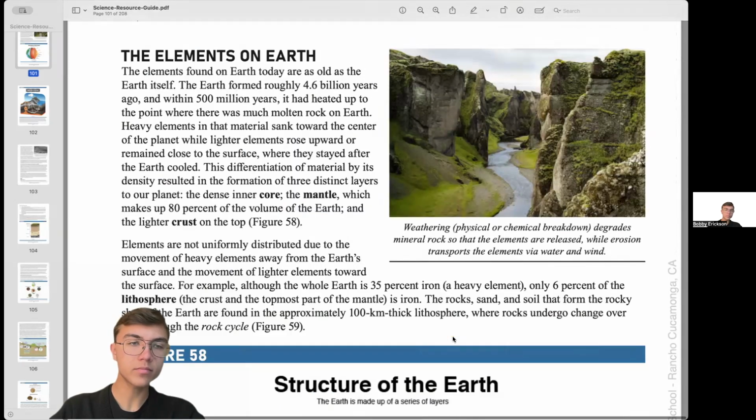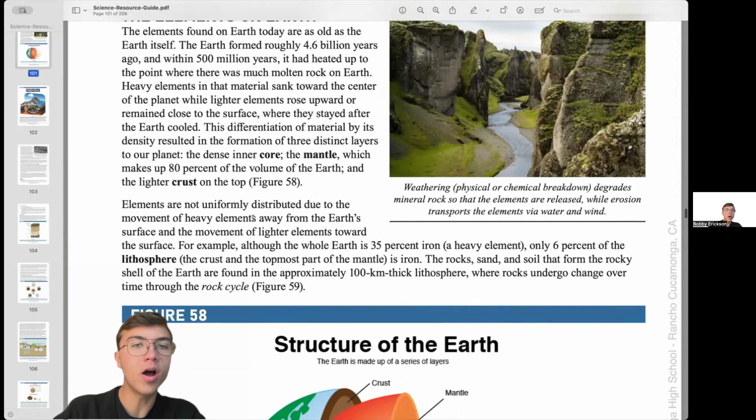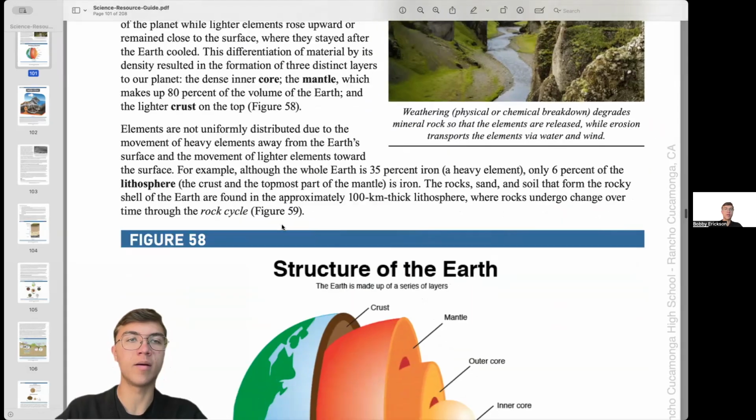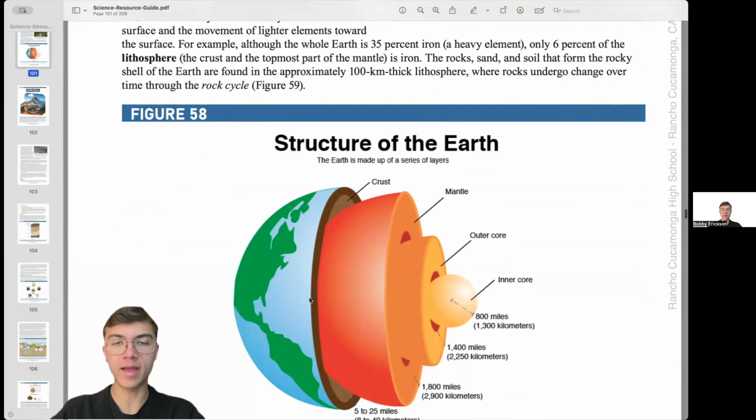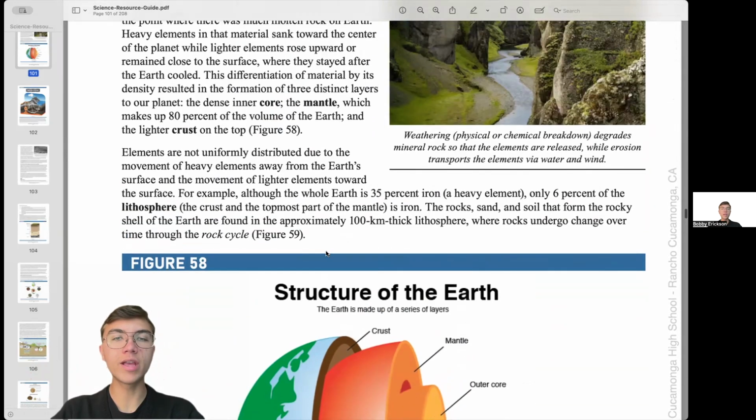And so we can see that elements are not uniformly distributed, because there are a lot more heavy elements away from the surface and in the center, whereas lighter elements are towards the surface. Even though the entire Earth is 35% iron, only 6% of the lithosphere, which is the crust and the top part of the mantle, is iron. So a lot of that iron is on the inside.